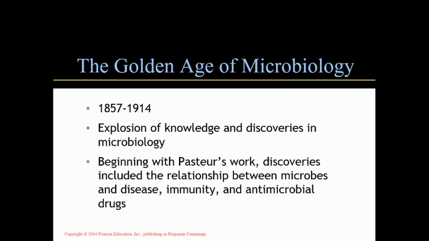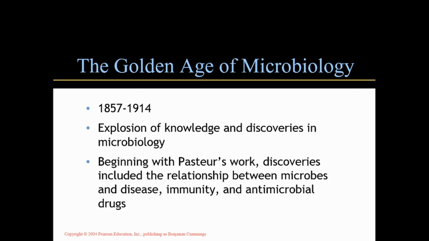So, some dates. There's a golden age, there seems to be, of everything, and microbiology has a golden age, 1857 to 1914. So from 1857 to 1914, we have an explosion of knowledge and discoveries in microbiology. We figured out the germ theory of disease. We figured out how bacteria reproduce.